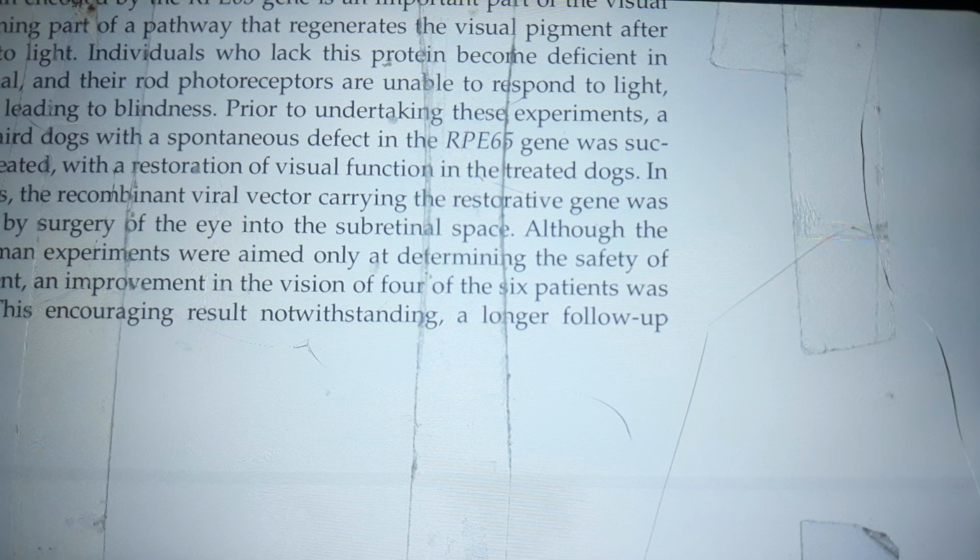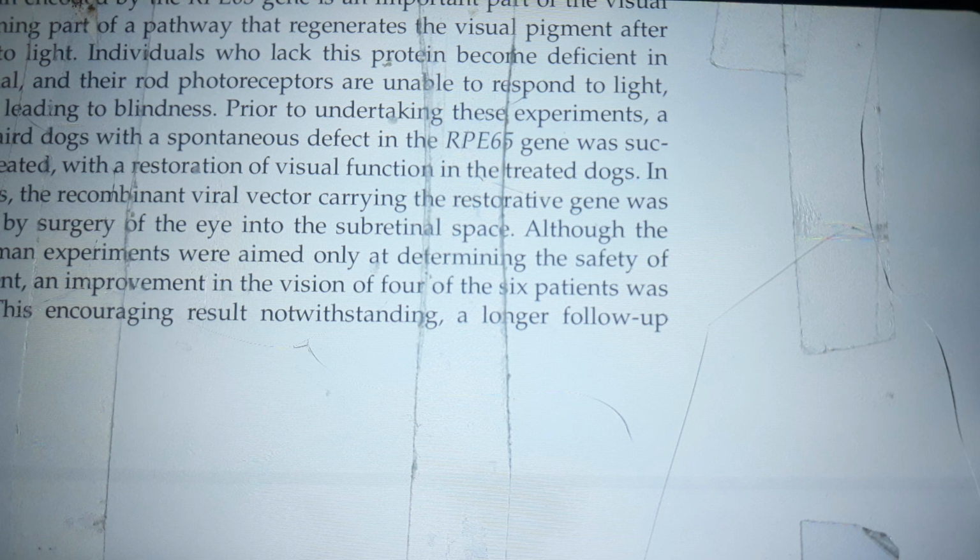Prior to undertaking these experiments, a strain of dogs, the Briard dogs, with a spontaneous defect in the RPE65 gene was successfully treated with the restoration of visual function in the treated dogs. In all instances, the recombinant viral vector carrying the restorative gene was introduced by surgery of the eye into the subretinal space.